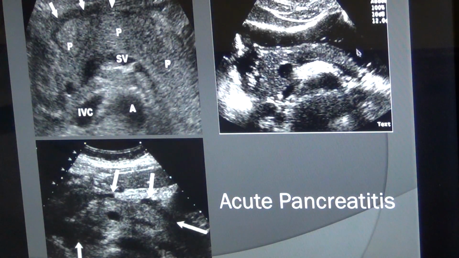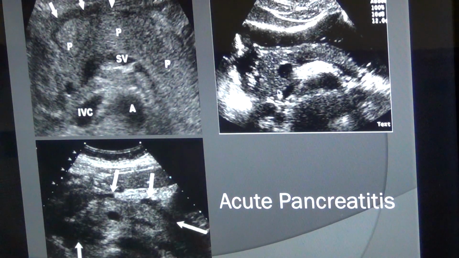Okay, so now this is acute pancreatitis 2. Look here, there is a fluid collection. This fluid collection we call a pseudo pancreatic cyst. Look at this gorgeous head, the IVC is compressed posteriorly, and I told you before there is no clean border because the pancreas is an unencapsulated organ.